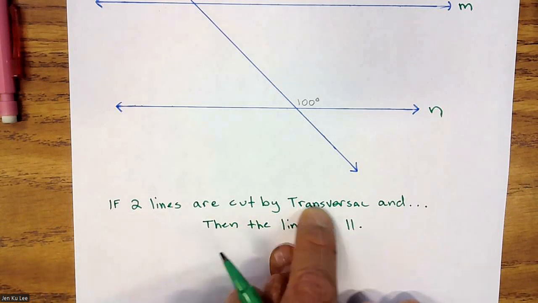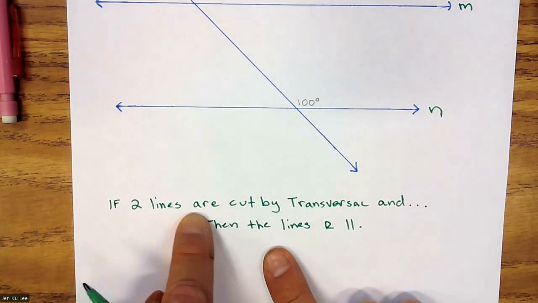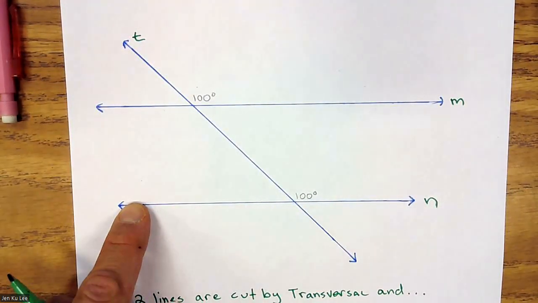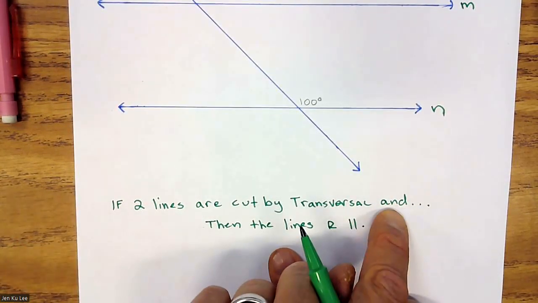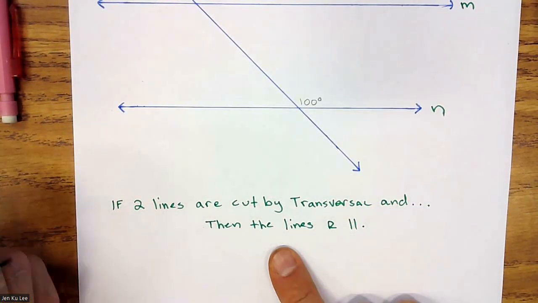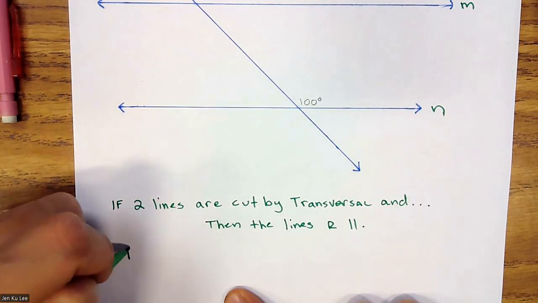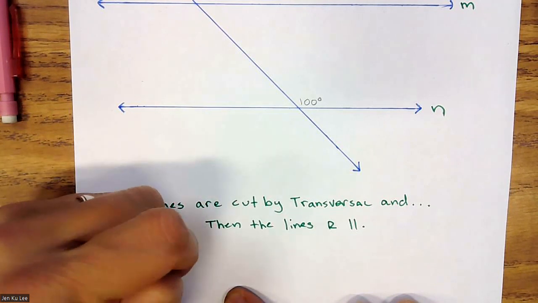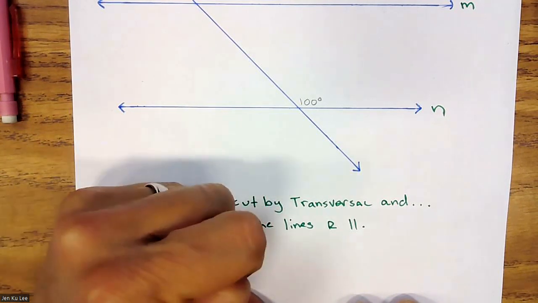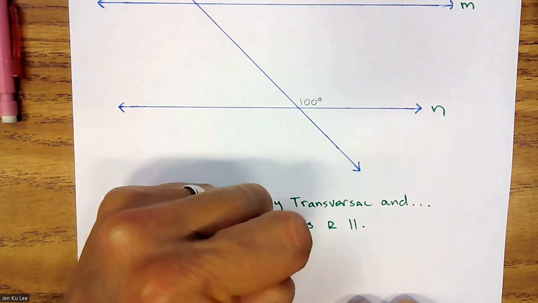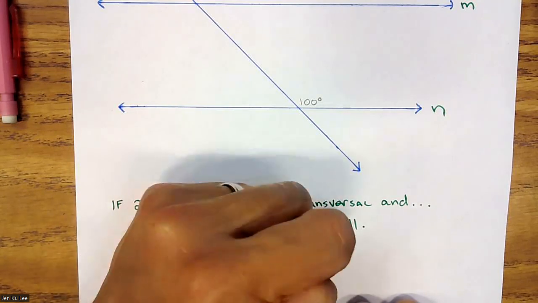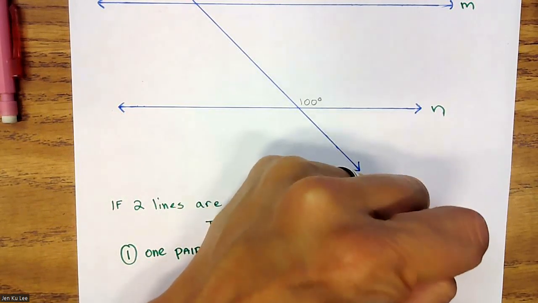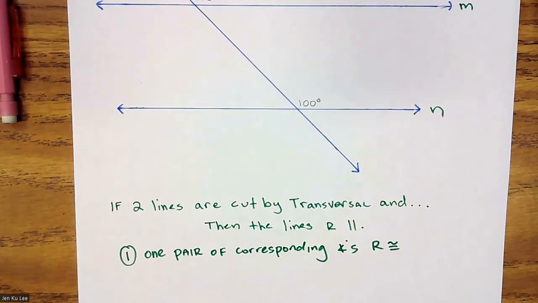So I have to have this first: if two lines are cut by a transversal, which is essentially just explaining this picture, and one pair of corresponding angles are congruent, then the lines are parallel.